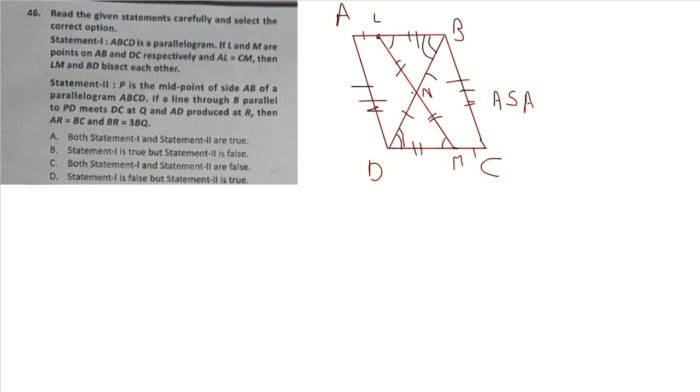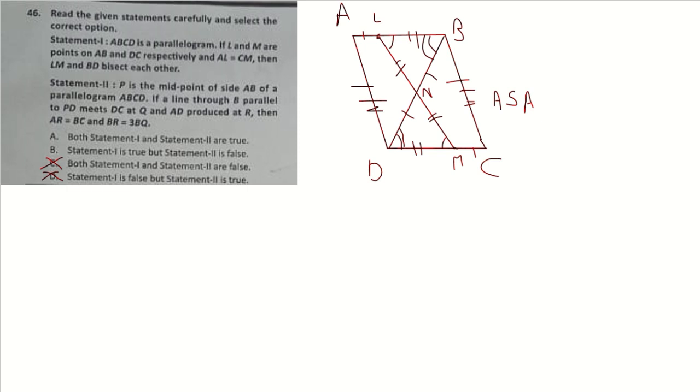Therefore LN is equal to NM, so the line BD bisects LM, and same for BD. So this statement is true. So already option C and option D are out.